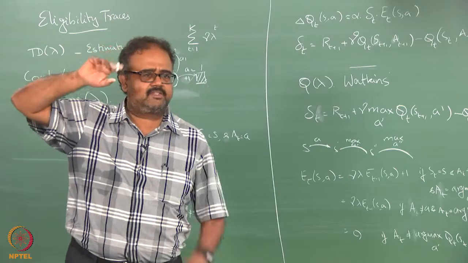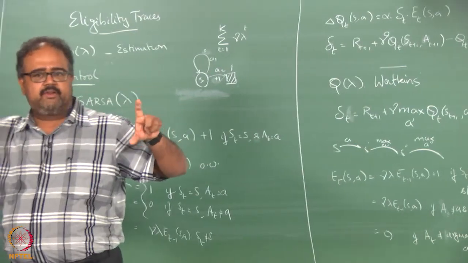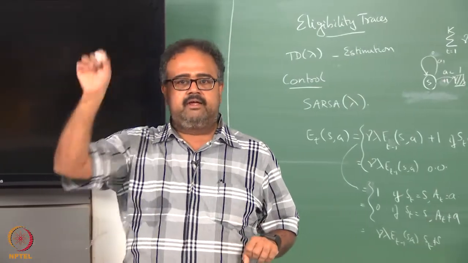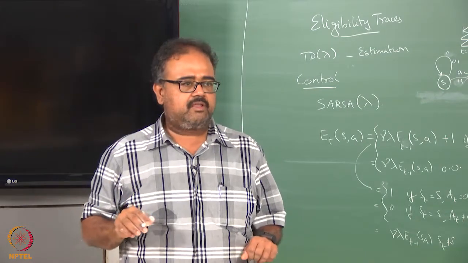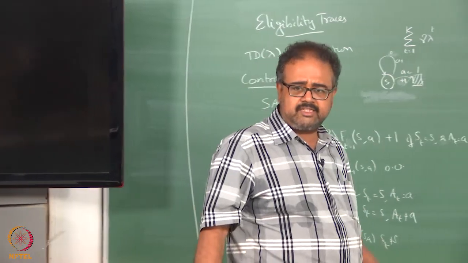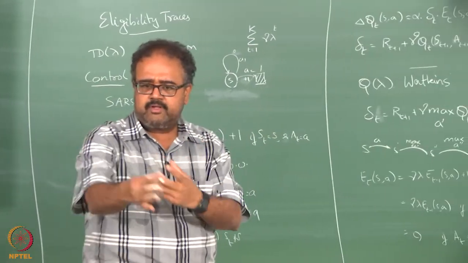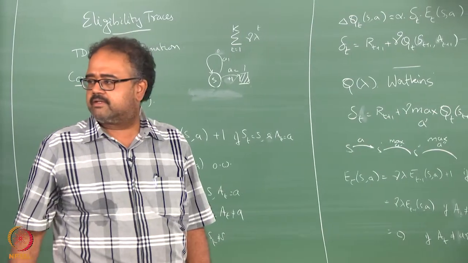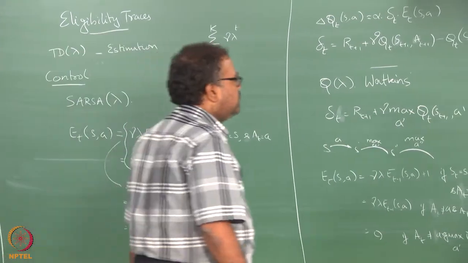If you remember our expression for the importance weight, right, we wrote it as a product of pi st at over mu st at, summing over all t, right. So that is essentially the entry I want. So rho t will be pi st at divided by mu st at, and that is that one term from the importance weight. If you have notes, you can flip back and look at the importance sampling discussion.